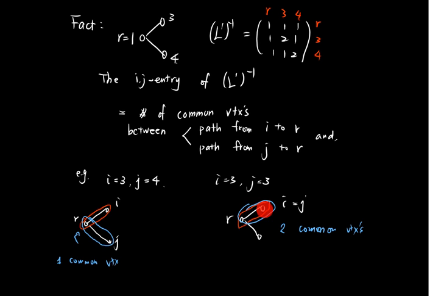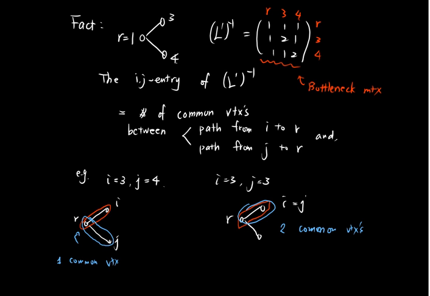And for this case, everything is on the bottleneck, which means that they share all the path, and they have two common vertices. And that's the reason we call that the bottleneck matrix. You are basically counting the number of common vertices between all the paths.